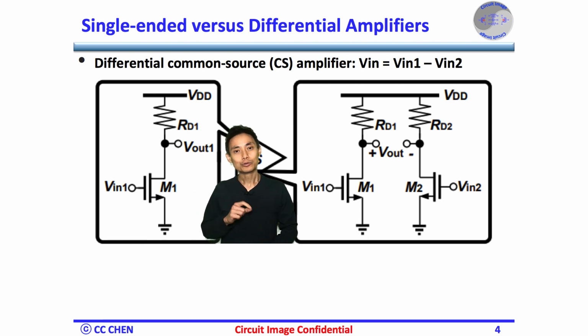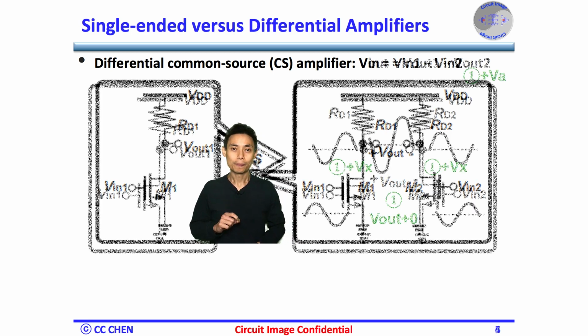It's straightforward to just combine both single-ended common source amplifiers and take both input and output differentially on the right-hand side. For example, the input of the differential amplifier will be Vin1 minus Vin2, and we just take the output Vout from the VR1 minus VR2.